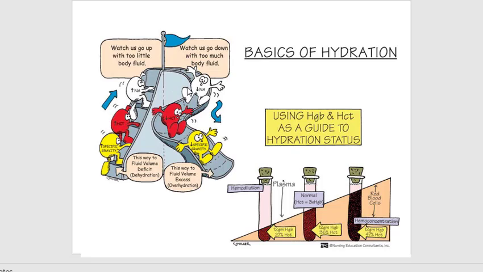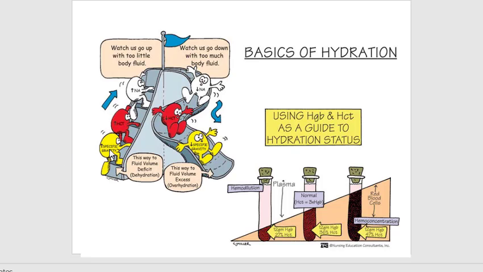Okay, so let's look back at this slide now and see if this helps make more sense. This says, watch us go up with too little body fluid. Remember we said as you are dehydrated, your urine and your blood are more concentrated, meaning there's lower fluid, higher particles.